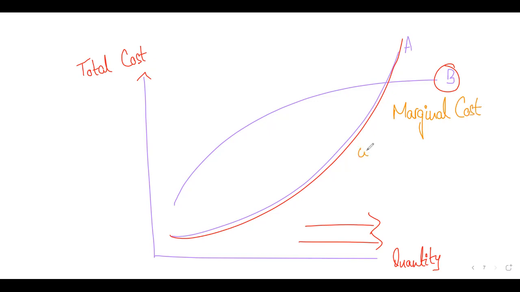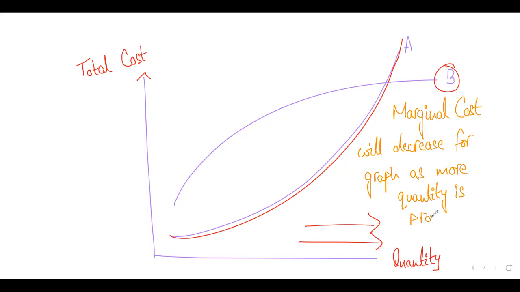Marginal cost will decrease for graph B as more quantity is being produced, right? As more quantity is produced.